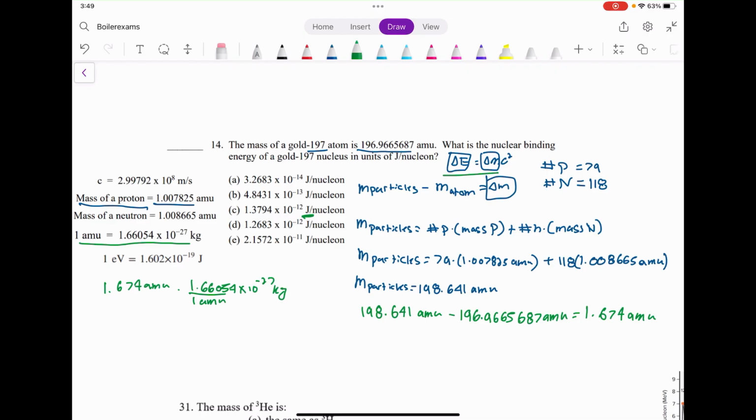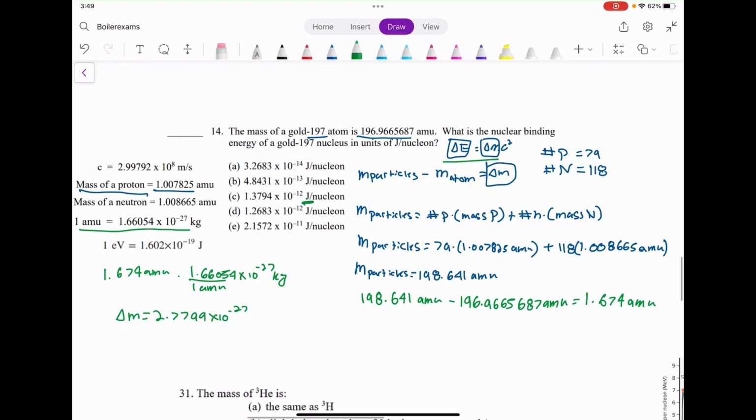If we do that and put that in our calculator, we're going to get that our delta M is equal to 2.7799 times 10 to the negative 27. Okay, so there's our delta M, and we should be good now to just plug this into the equation.